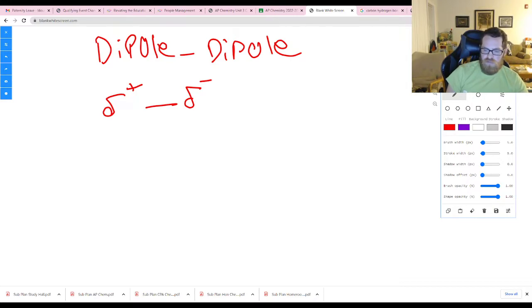It's just, again, polar bonds resulting in positive and negative forces interact with other positives and negatives. So normally how we do this is like a dotted line to show the attraction, to show the dipole-dipole bond.